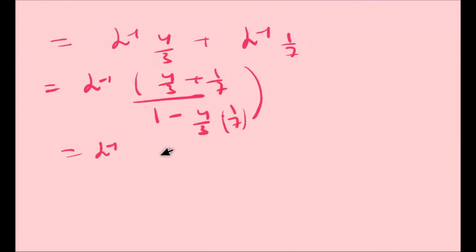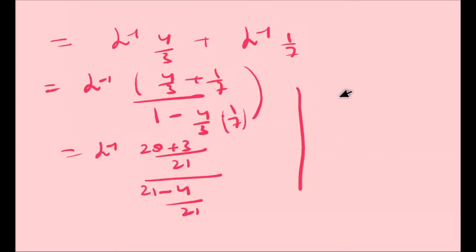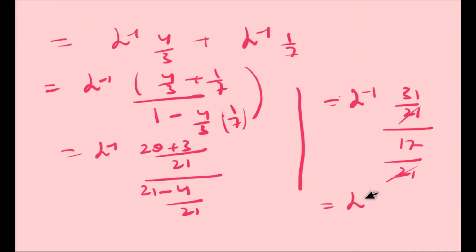Now taking the LCM here, 21, 28 plus 3, again here LCM 21, 21 minus 4, we can write equal to tan inverse 31 upon 21 upon 17 upon 21, 21 is cancelled, so that is tan inverse 31 upon 17 equal to RHS. This way student, using all the formulas, you can prove so many questions.